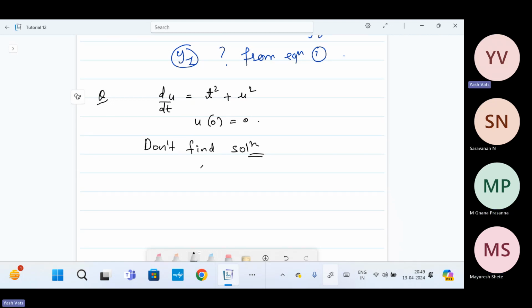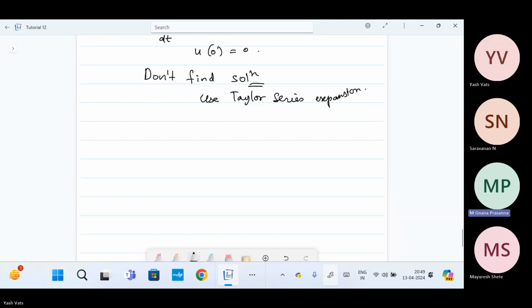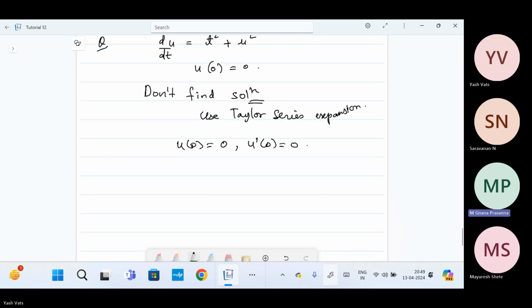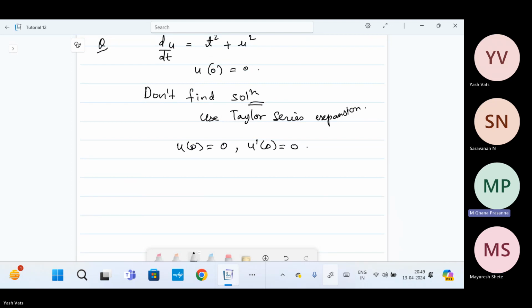You just use the three-term Taylor series expansion. Then we get only that. u of 0 you said is 0, and u prime 0 is also 0, right? u double prime also 0.